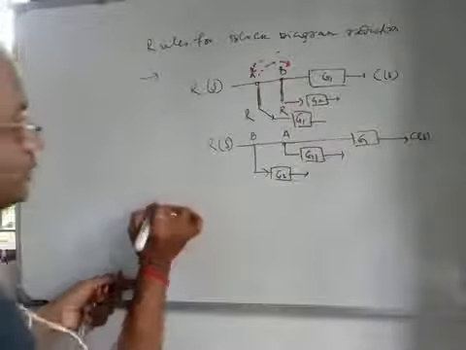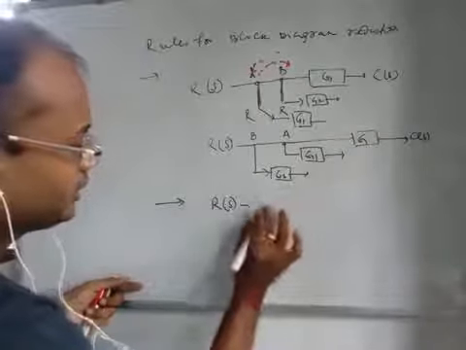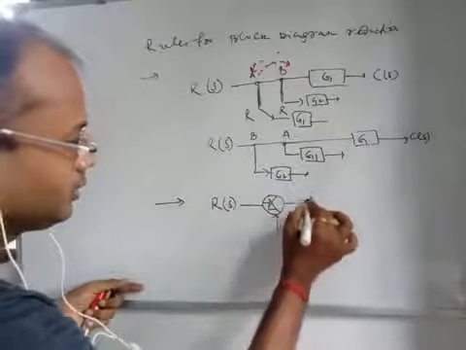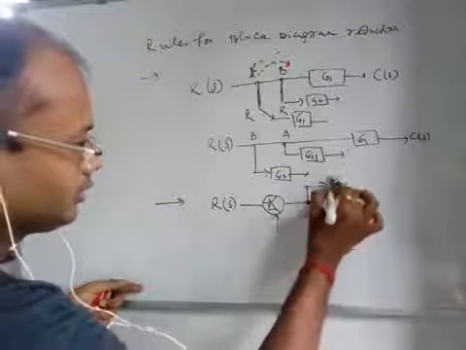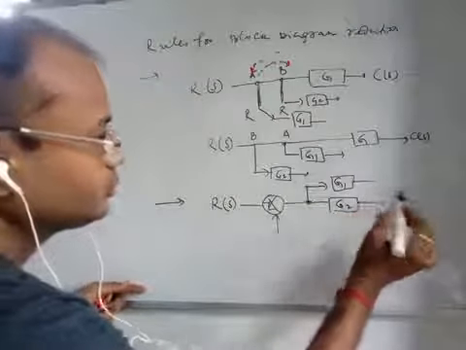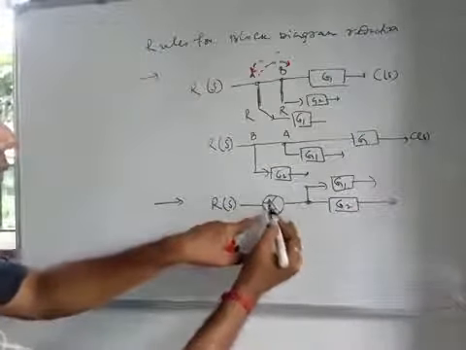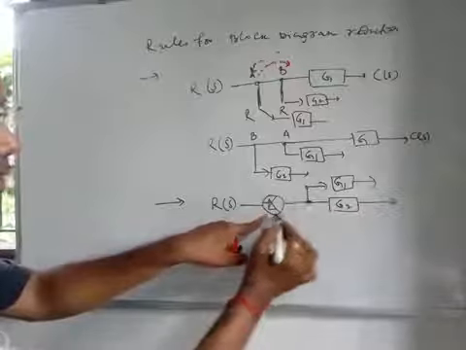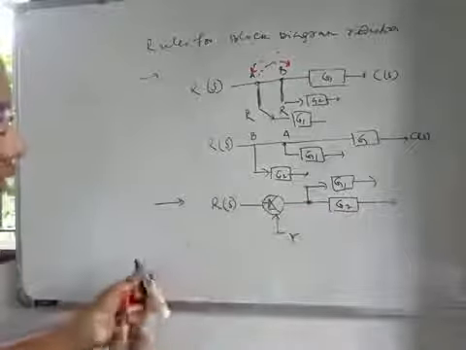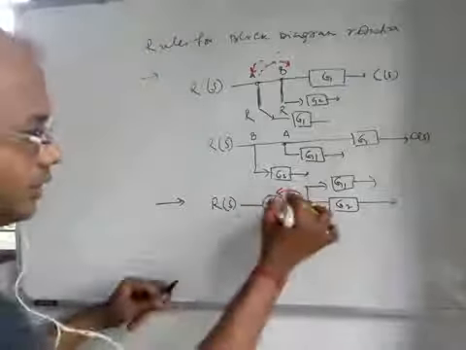But one thing which is not possible: say R(s), and here you will get G2 like this. So these 2 points, this is basically one node, this is basically another node, this is a takeoff point, this is a summing point. Interchanging this summing point and takeoff point, that means this goes there and this goes there, is not possible, right?